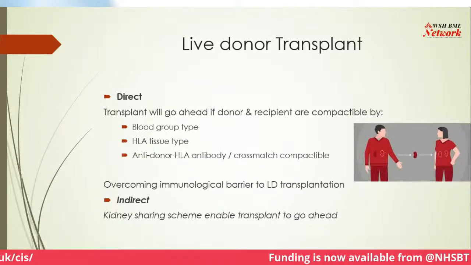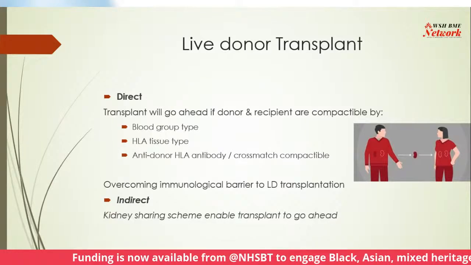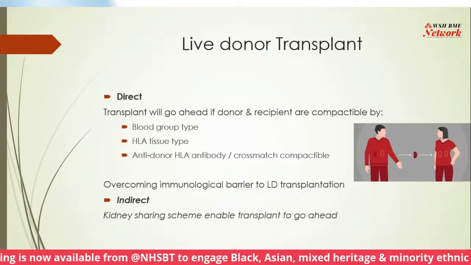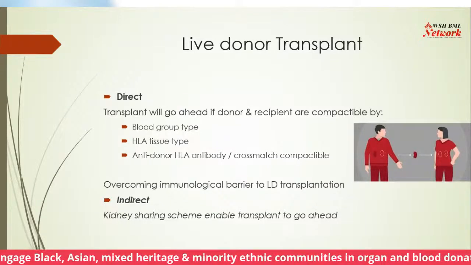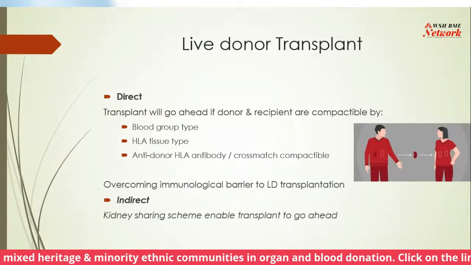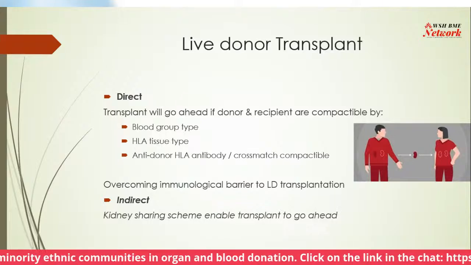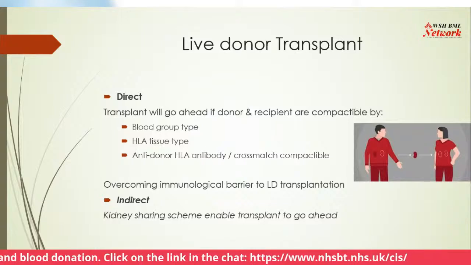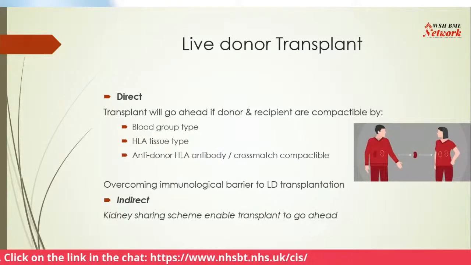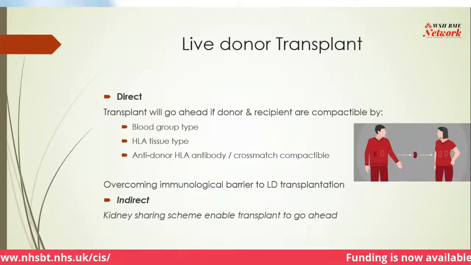Now, when we talk about direct donation, we go ahead with the transplant if the donor and recipient are compatible: blood group compatible, HLA tissue type compatible, and cross-match compatible. That is the only time. In fact, many years ago, before 2004, only this type of transplant was allowed in the UK, but not anymore.